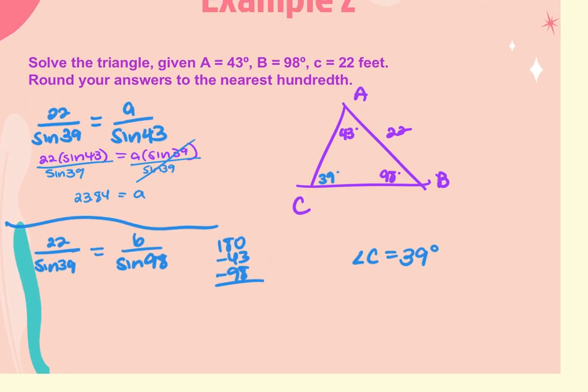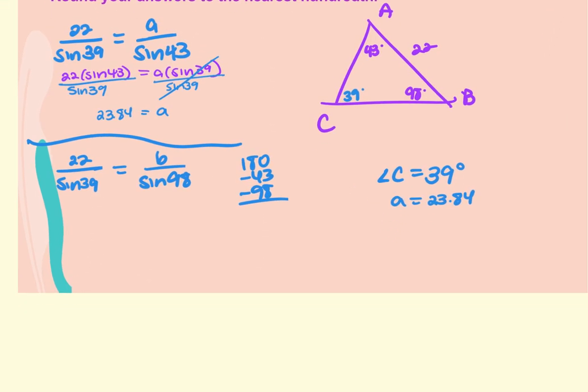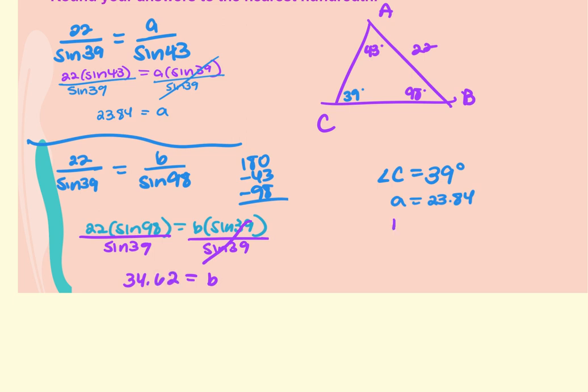That's side A. And 22 times the sine of 98 equals B times the sine of 39. And then divide both sides by sine of 39. 22 sine 98 divided by sine 39. 34.62.